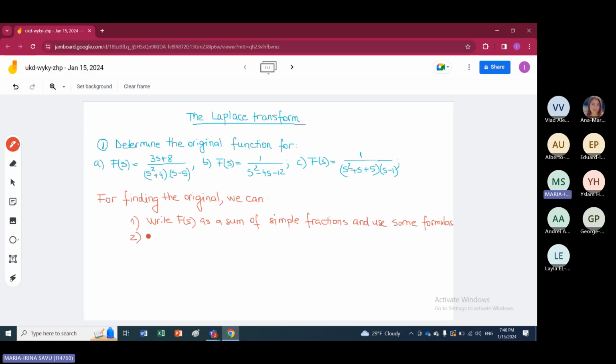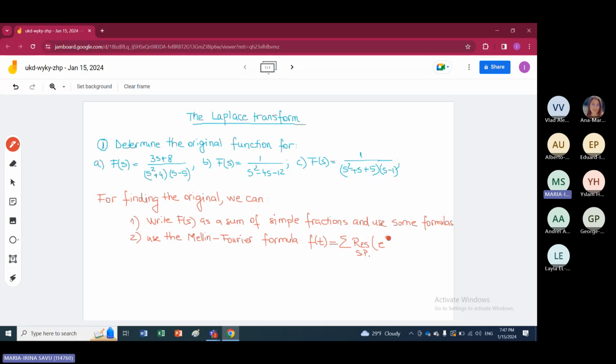And then we can use the formula which tells you that f of t, which is the original, is the sum of the residues computed in all the singular points from the function e to the st times F of s.